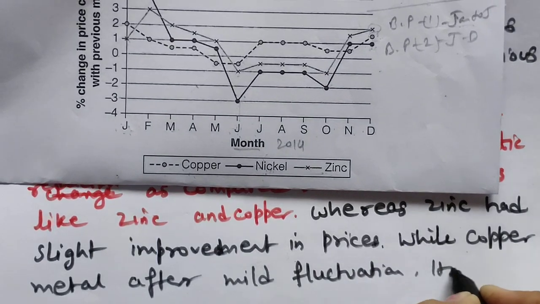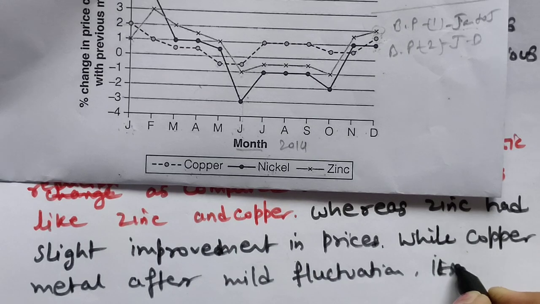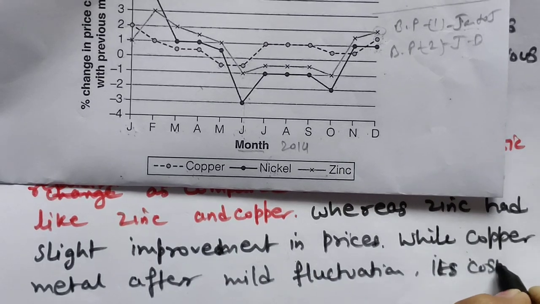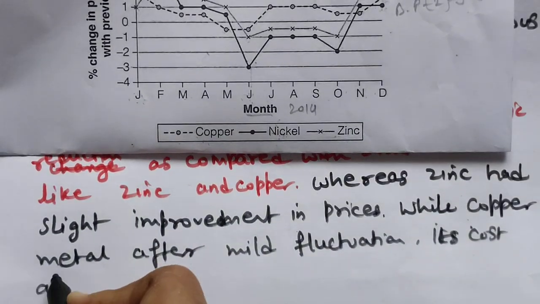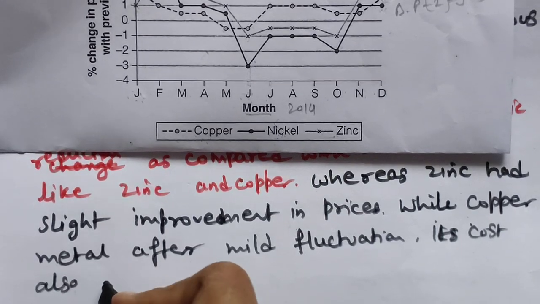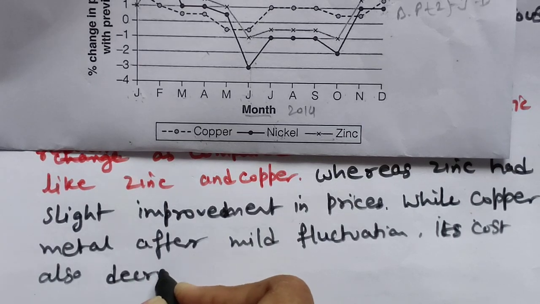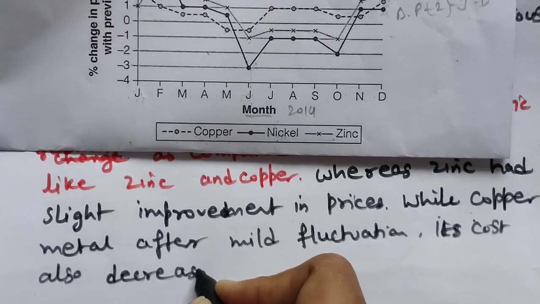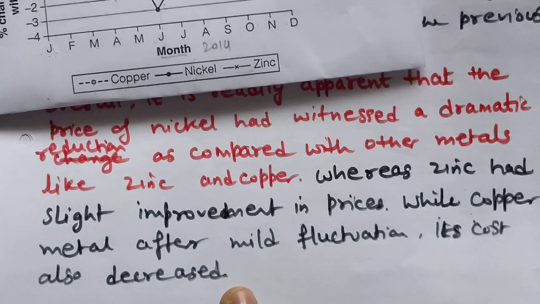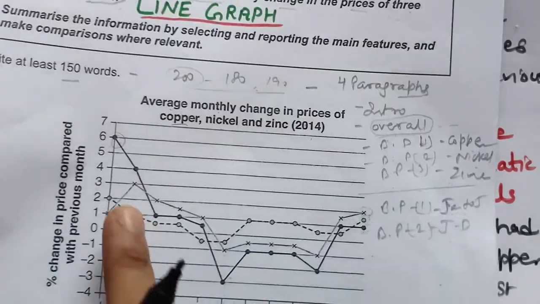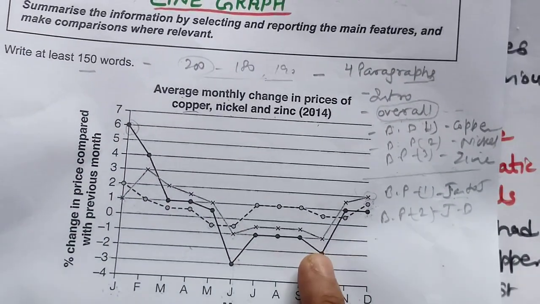Its prices also, its cost also, its price also decreased. So, if you want to use a downward trend or upward trend, you can use this word also.